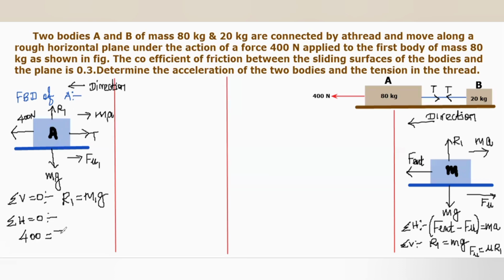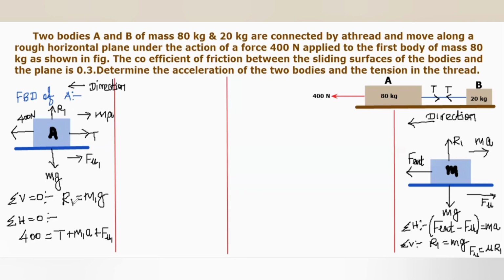We can write T plus M1A plus F mu 1, the frictional force acting between the object A and the rough horizontal plane. Everything will be on the right side. Then we discussed already the frictional force. We can write mu, coefficient of friction, multiplied with the normal reaction.